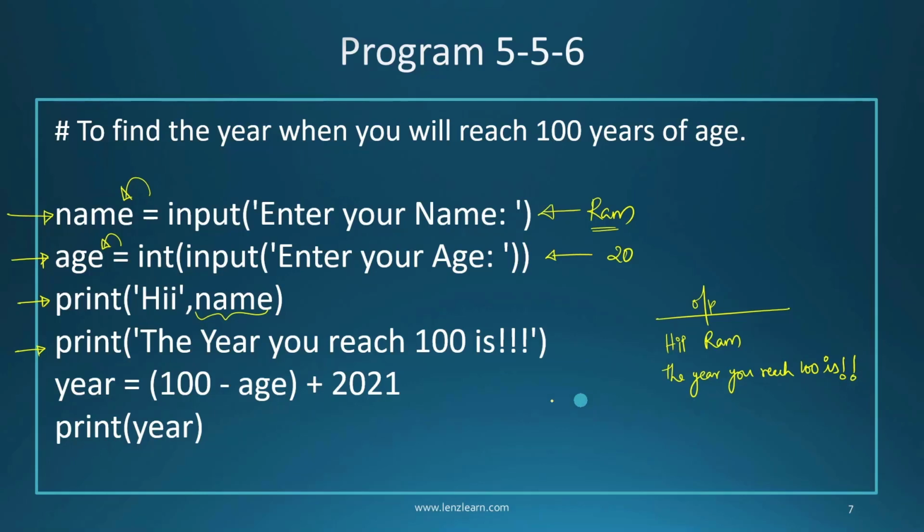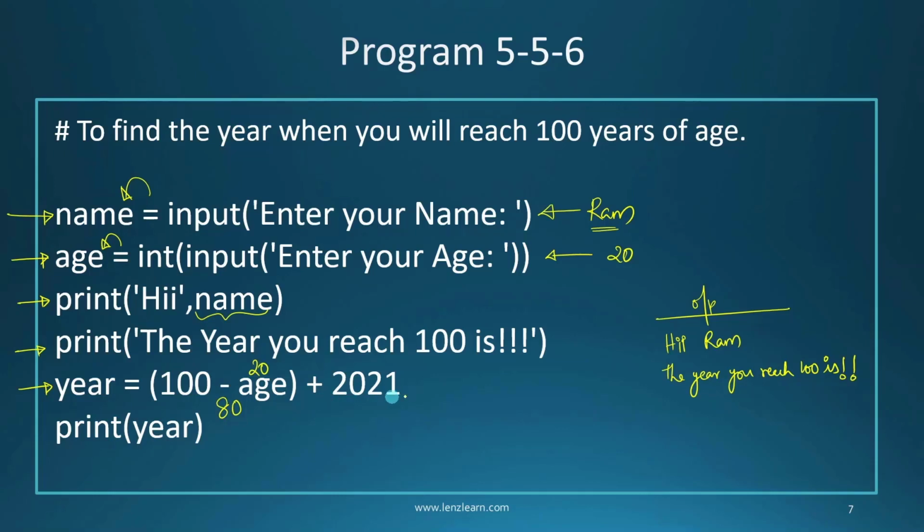Now the control goes to the next line. In the next statement, we calculate the year when Ram will reach 100 years of age. This formula is very easy to understand. Right now the age of Ram is 20. You subtract 20 from 100, you get 80. This means Ram has to live another 80 years starting from this year to reach 100 years.